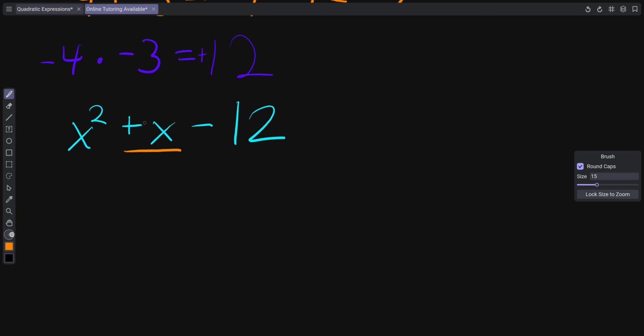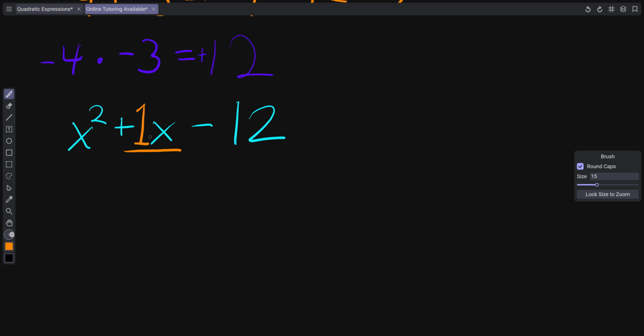And in this case, it's important to remember that even though we just have x here, there's an invisible 1. There's an invisible 1 that goes right here, because anything multiplied by 1 just is itself. So we're actually able to just drop a 1 there without really changing anything.